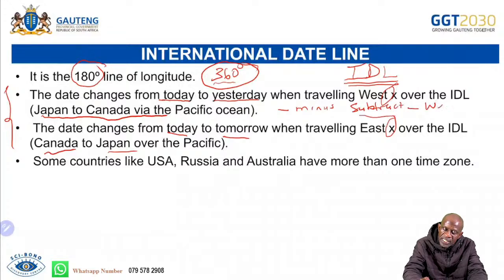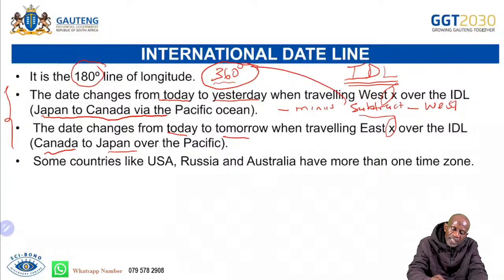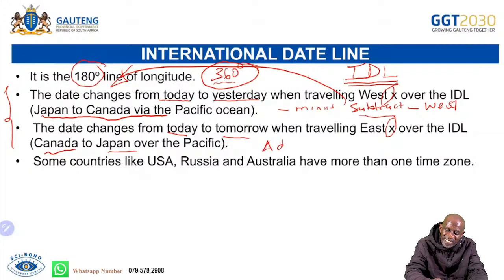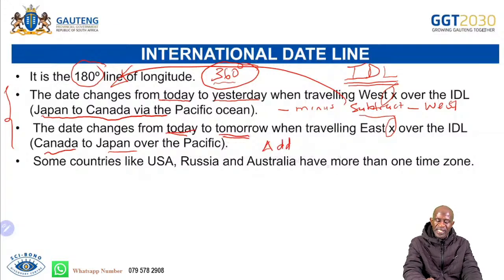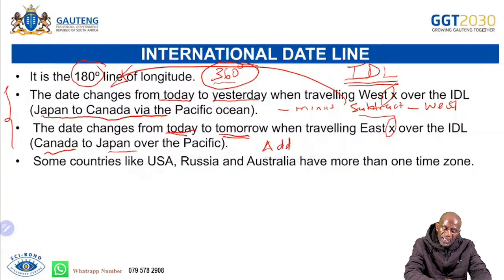So west, you will subtract 1 day only if you cross the 180 degrees. But moving eastwards, you will add a day. So today will change to tomorrow when you cross the 180 degrees whilst moving towards the east.